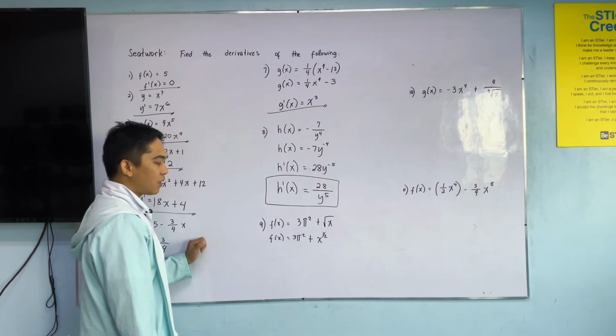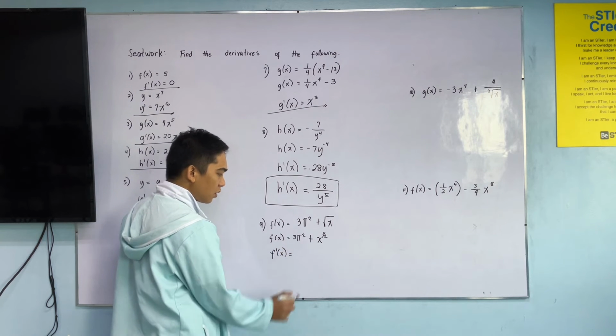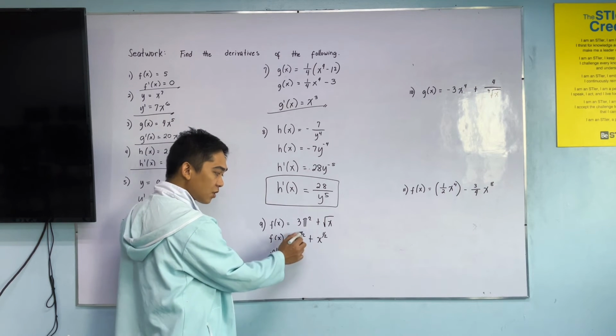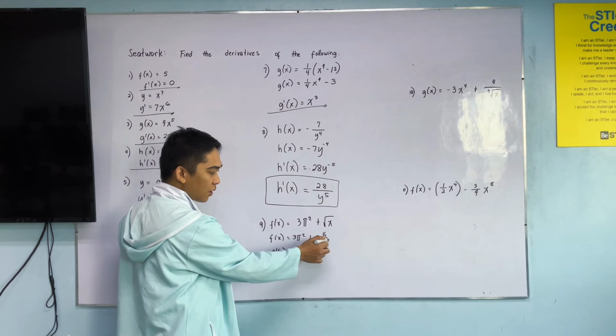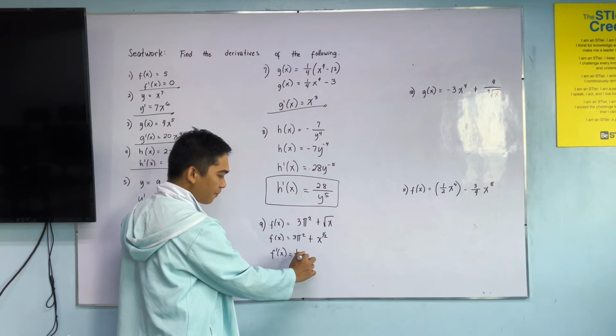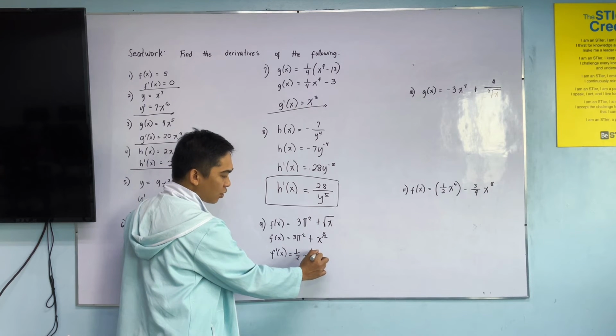Okay? Now, apply na natin, ito ay 0 kasi constant ito. So, ito na lang kunin natin. 1 half times 1, so we have 1 half x. Now we have 1 half minus 1.